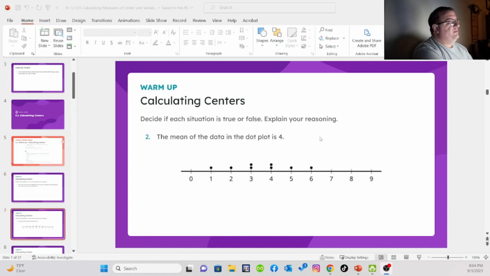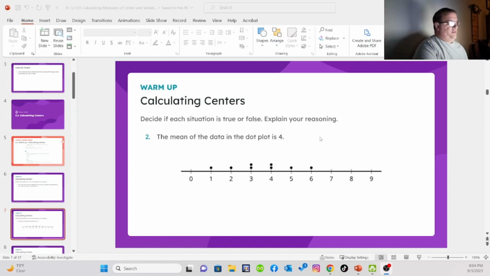Situation number 2. The mean of the data in the dot plot is 4. So take a minute by yourself and then talk to those around you. Pause the video, and then we will come back and answer this question.